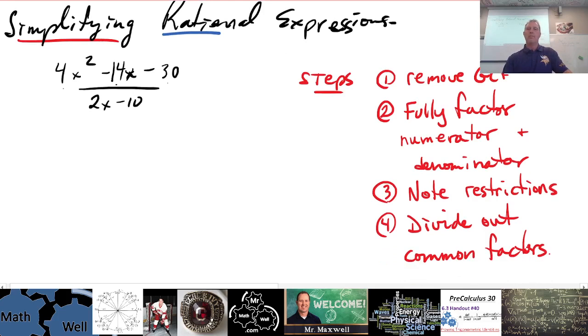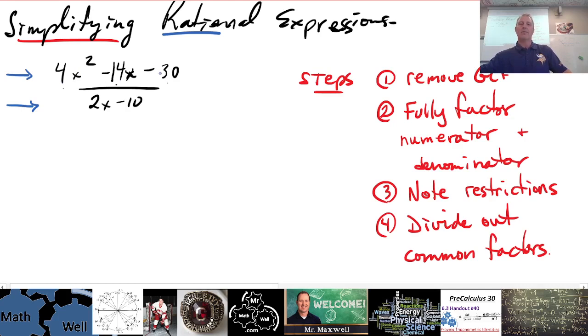So step number 1. Remove any greatest common factors if possible. And when I say remove, I just mean factor out. I don't mean like take away. So for example, I will do step 1 here, and we have to kind of focus on the top and the bottom separately when we do this step, okay? So the top one, I can take out, looks like a what? I can take out a 2.